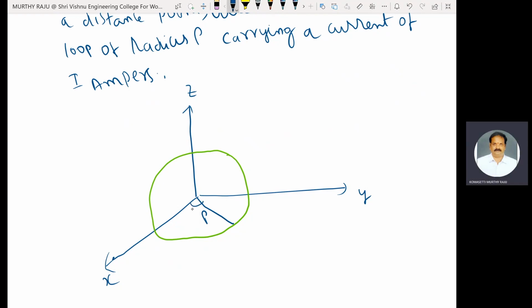This one is phi. We use a cylindrical coordinate system.